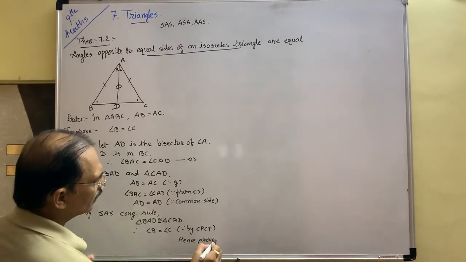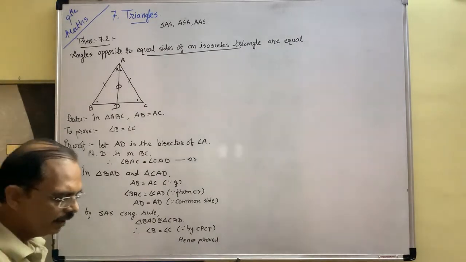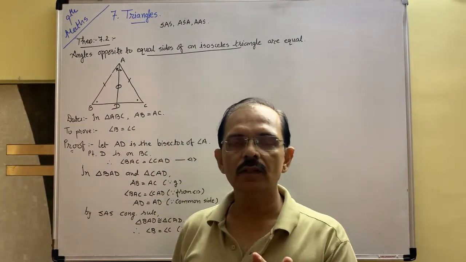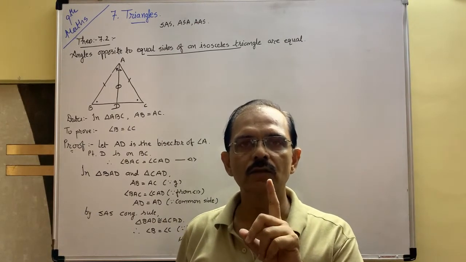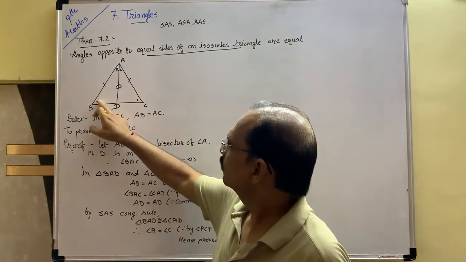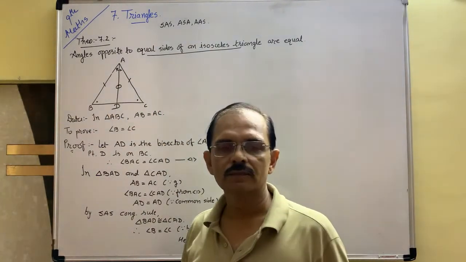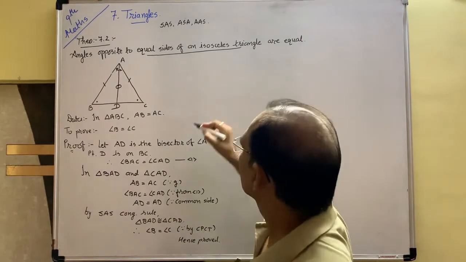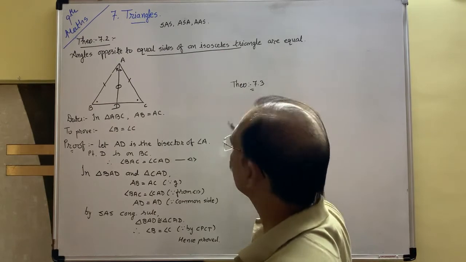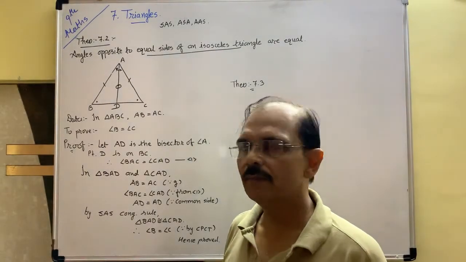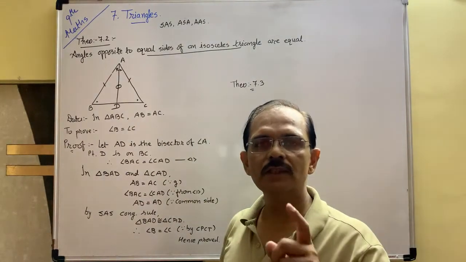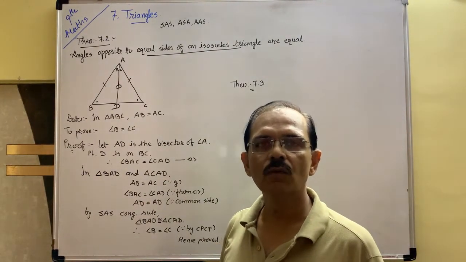So from this you can say that if two sides are equal in a triangle, then their opposite angles are equal. If AB and AC are equal, then their opposite angle B and C are equal. Now it's converse theorem. Theorem number 7.3, that we accept without proof, that in triangle ABC, if angle B and angle C are equal, then their opposite sides AB and AC are equal.